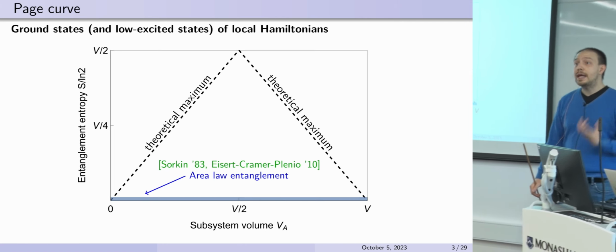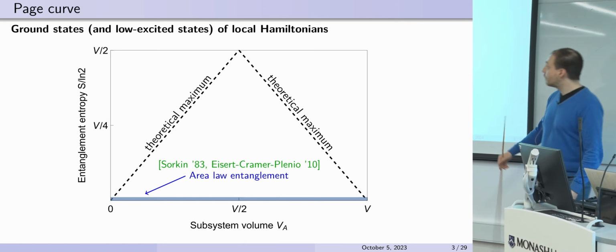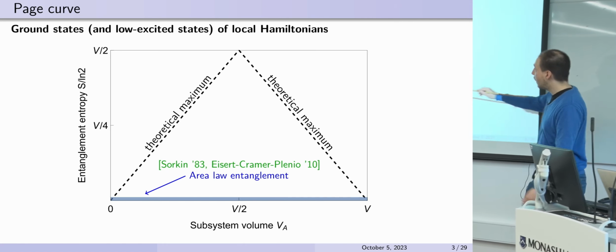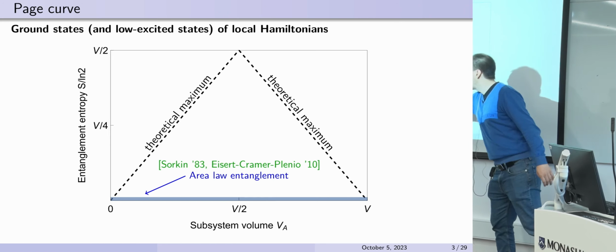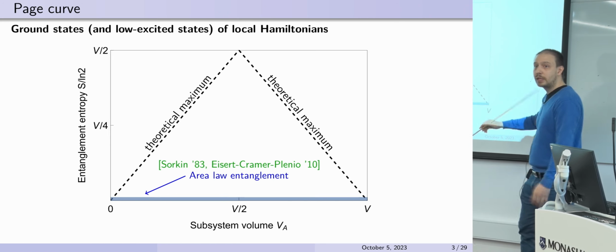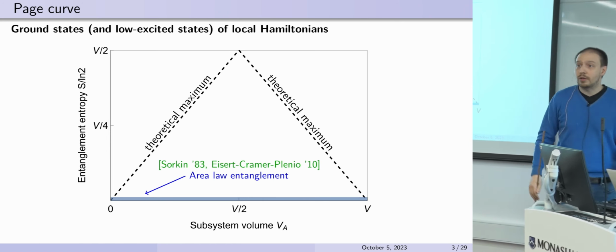And they are shown to not satisfy a volume law, where the entanglement entropy increases with the size of the volume of the subsystem, but rather with the area of that region, which in such a plot for large V means area law is really here at the bottom, because it doesn't increase with the volume. So the coefficient in front of the volume is essentially 0.